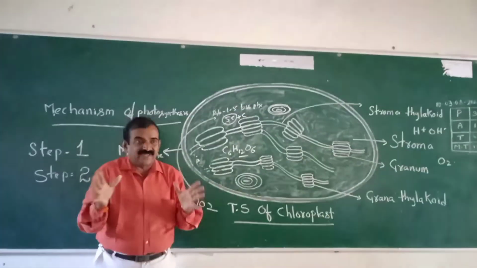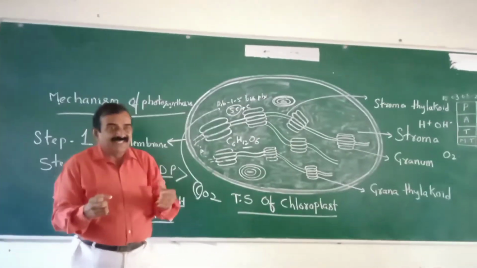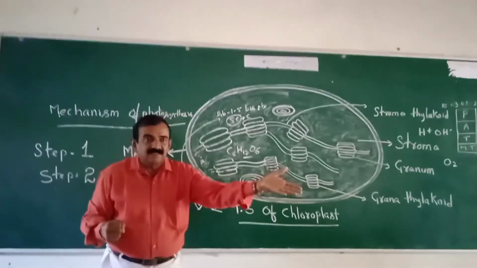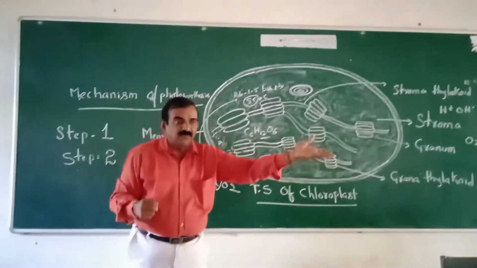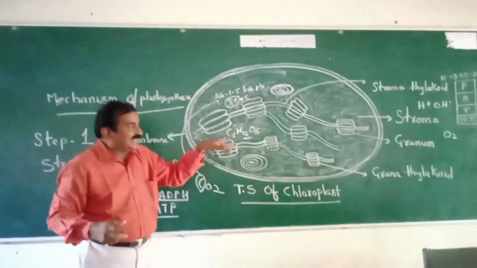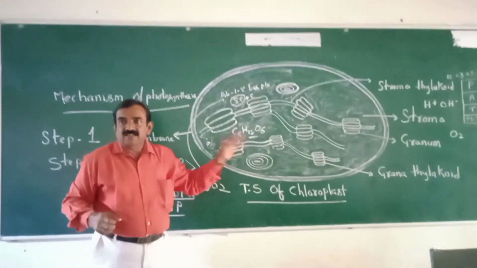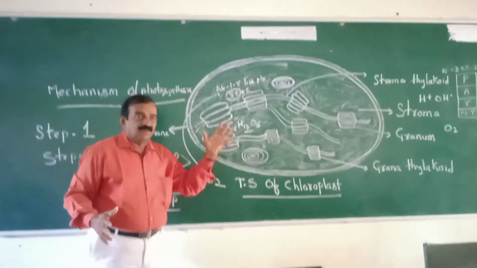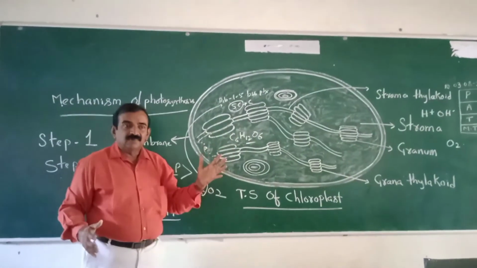Sometimes, for example, you are eating meat, for example, chicken. They are also eating what? Grain, food, and that is plant food. So directly or indirectly, we are depending on plants. That is the reason photosynthesis is the most important life process. Okay? Thank you.